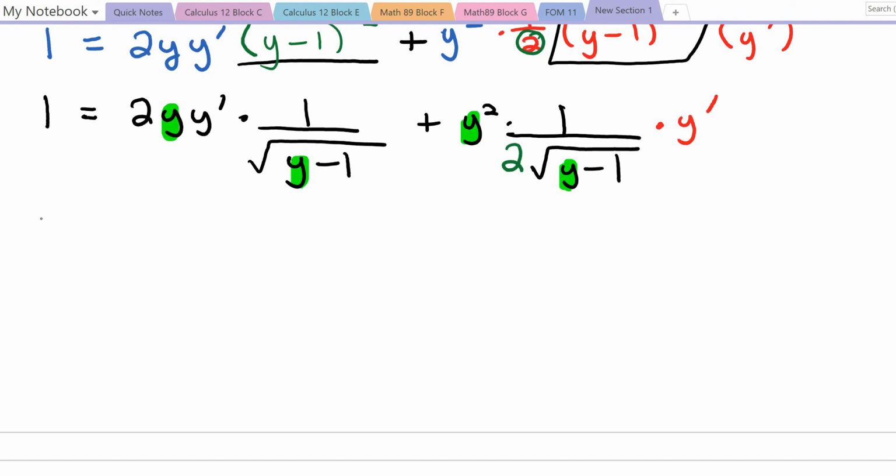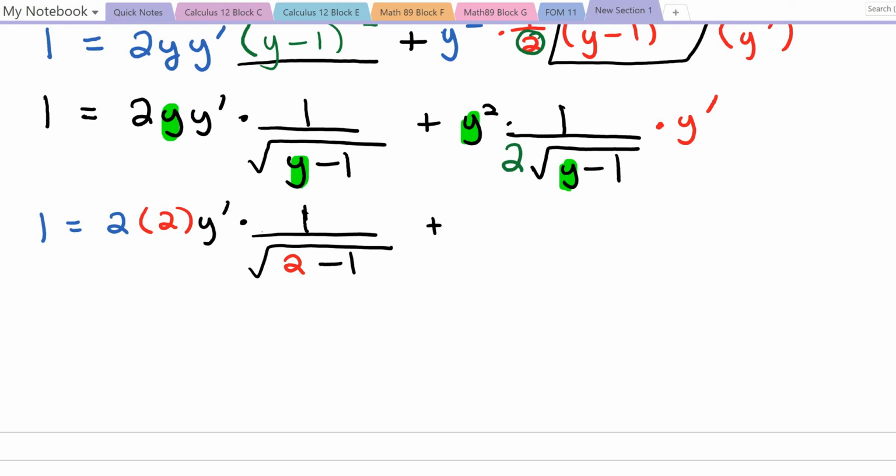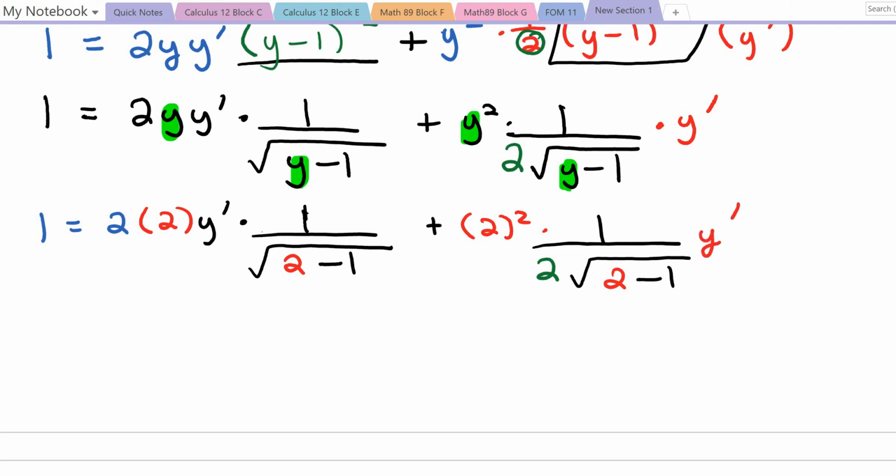So now I have 1 equals 2 times y prime times 1 over the square root of 2 minus 1, plus 2 squared times 1 over the square root of 2 minus 1, and then the 2 would still tag along, and the y prime would be at the very end.